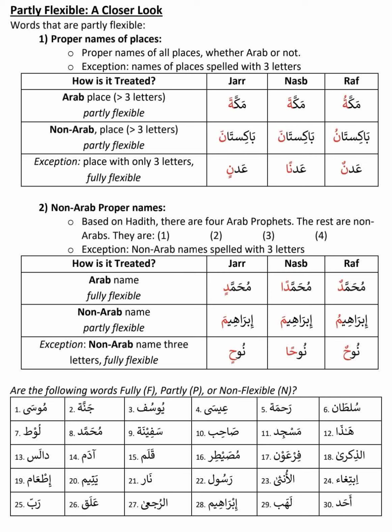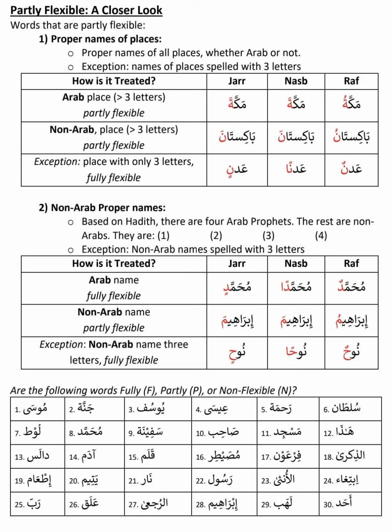Here I need to highlight an important thing. Say for example, you take a place like masjid. It is a place, but the thing is, masjid is not a specific place. If you say masjid, it can be any masjid. There are a lot of masjids. So the masjid word is a fully flexible word: masjidun, masjidan, masjidin.